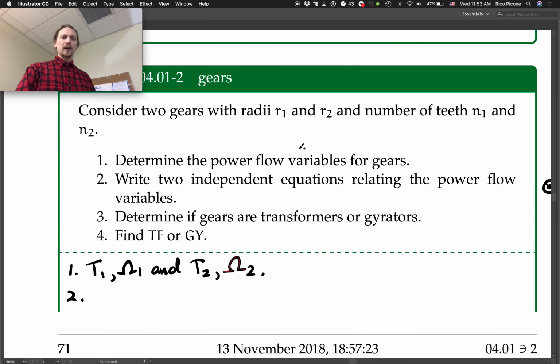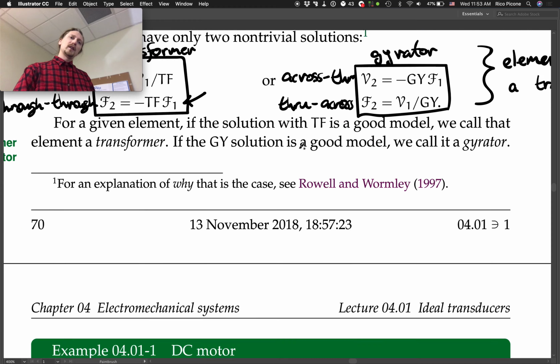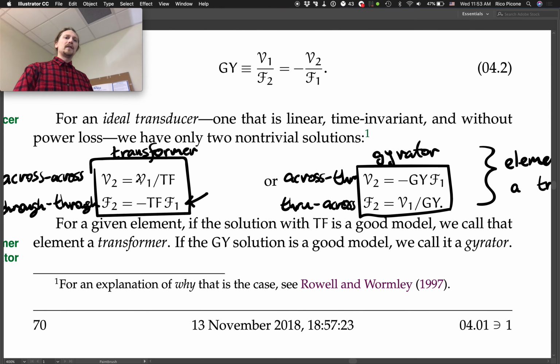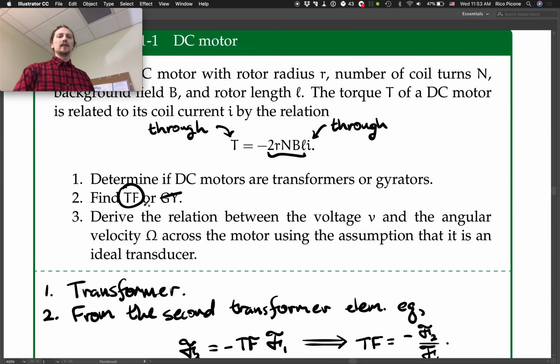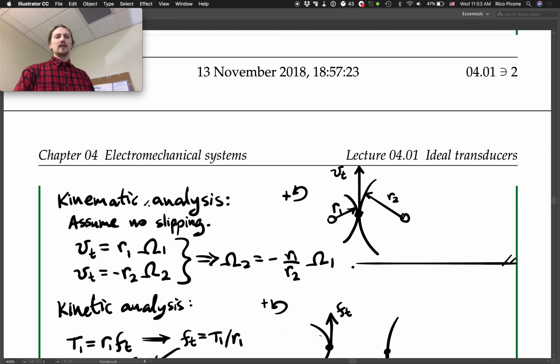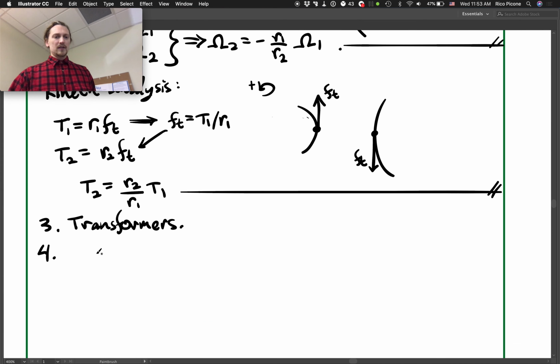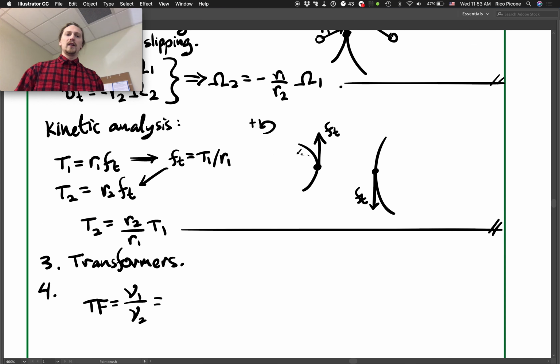The across variable elemental equation says that TF is equal to V1 over V2, right? So TF equals V1 over V2, which is equal, from this equation, I'm going to call this the star equation.